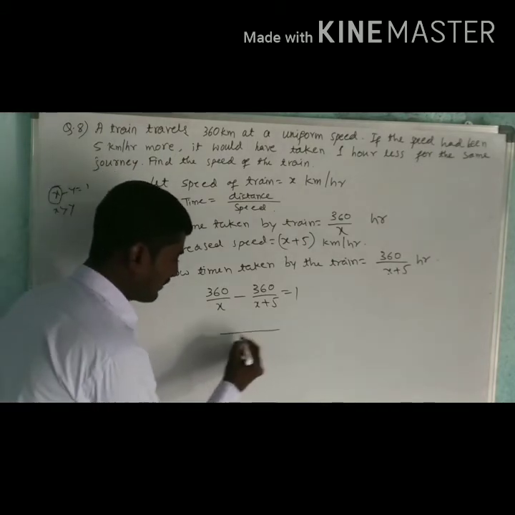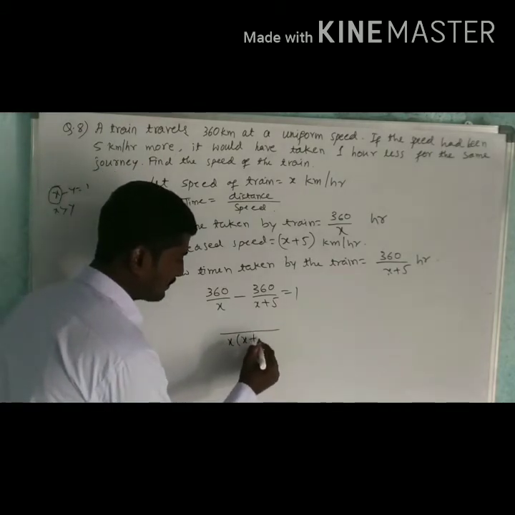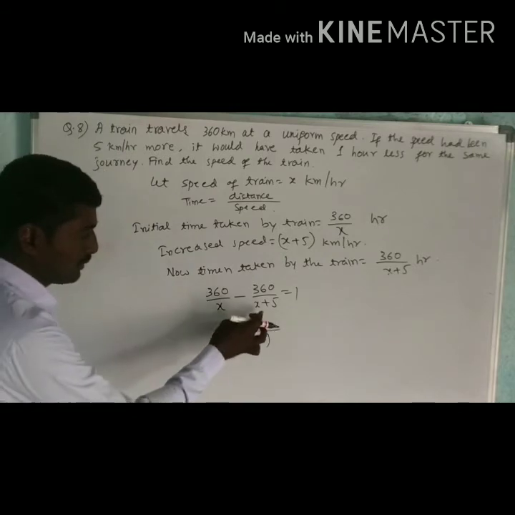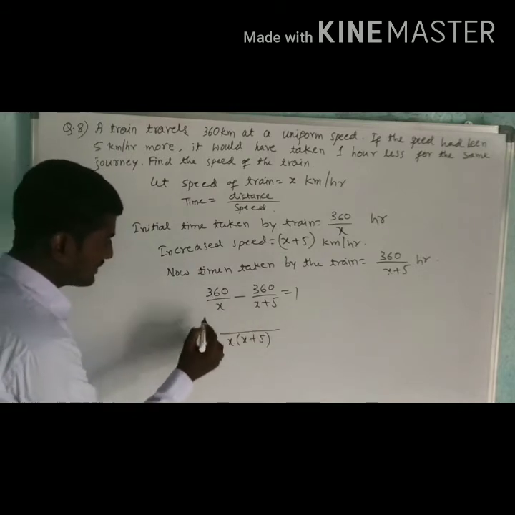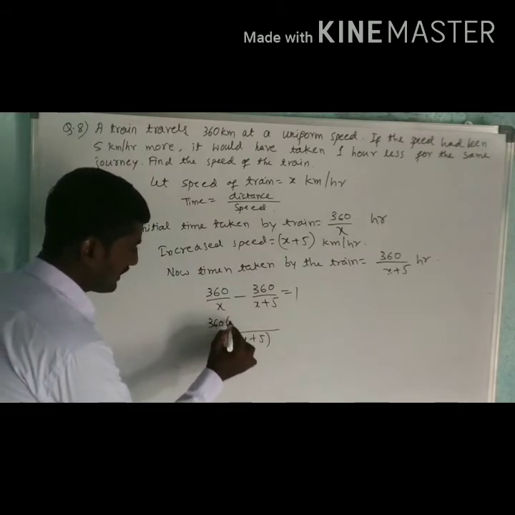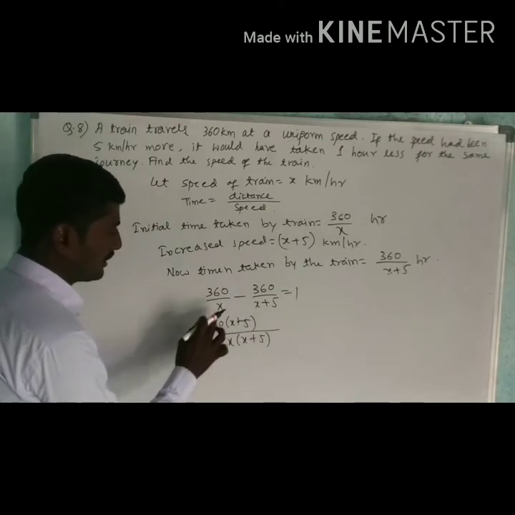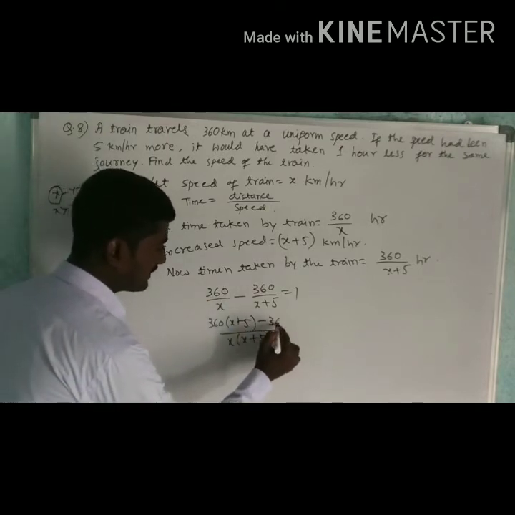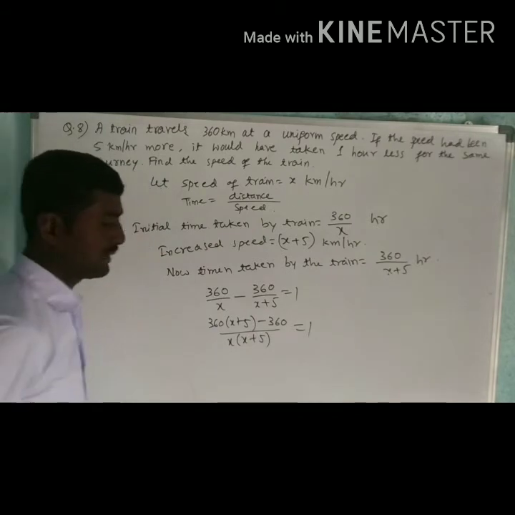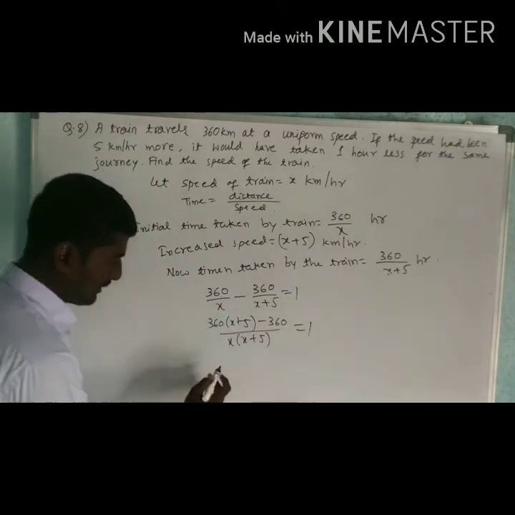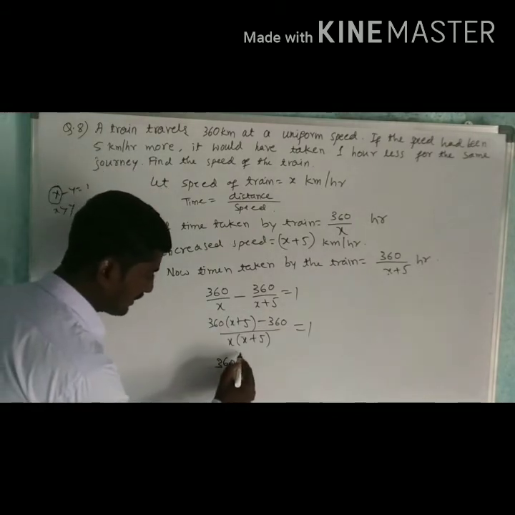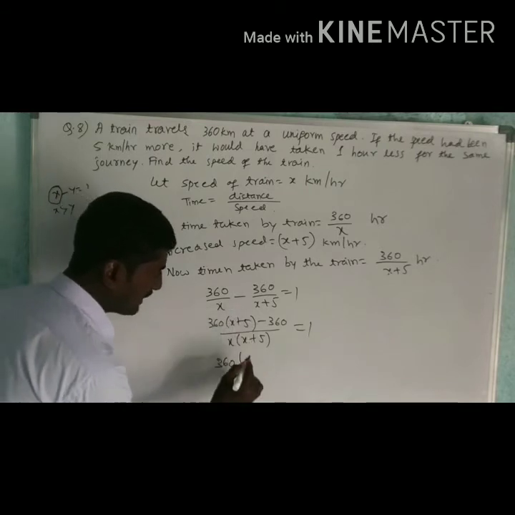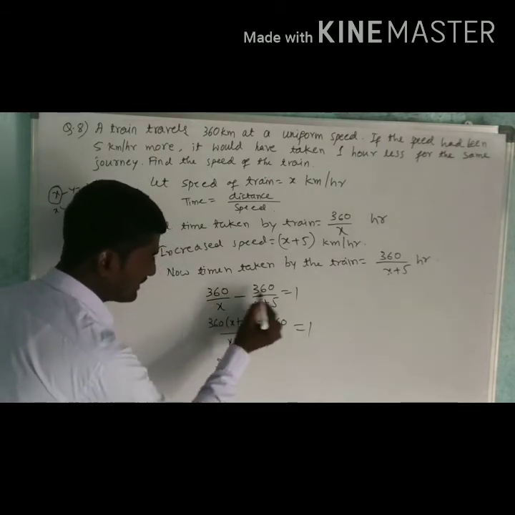Here I will take LCM as x into x plus 5. Now here I will multiply this 360 into x plus 5, and this is minus 360x, is equal to 1. Now in these two I will take 360 common, 360 taken outside. Inside, what will be there? 360x it is.